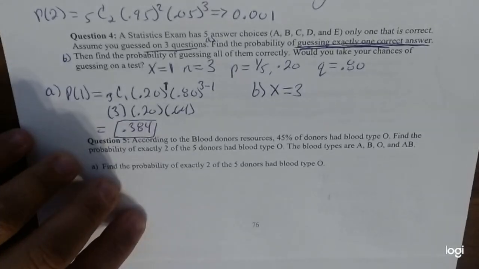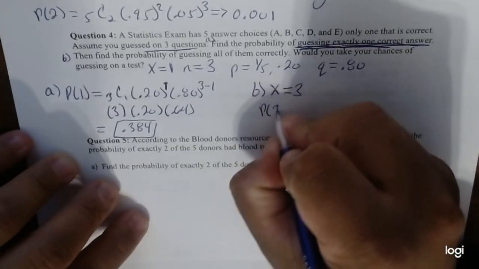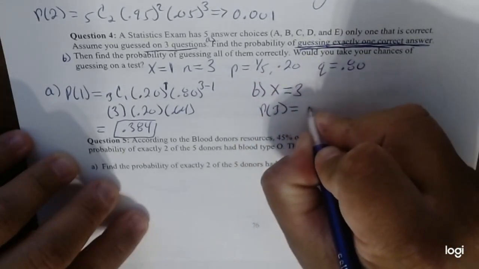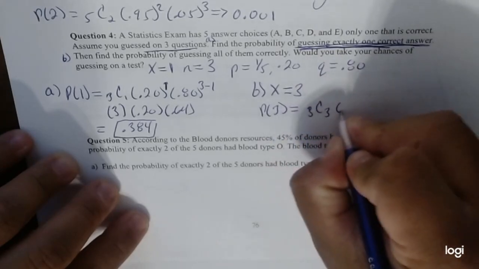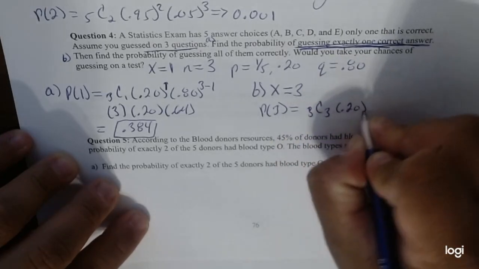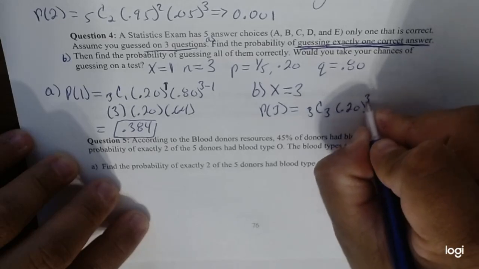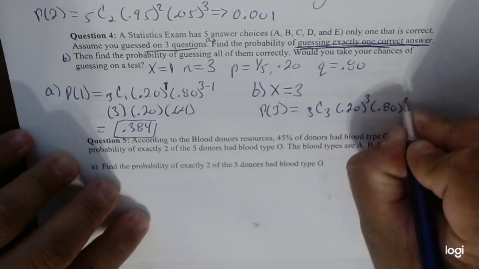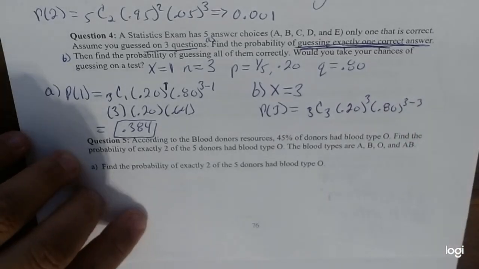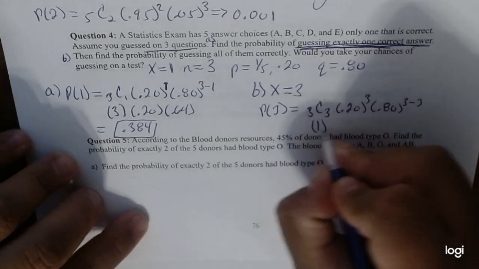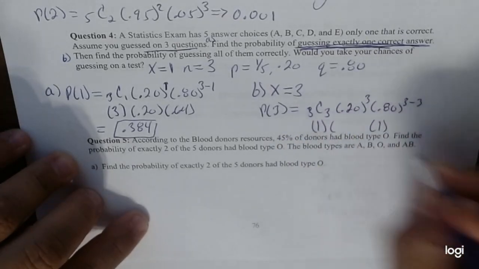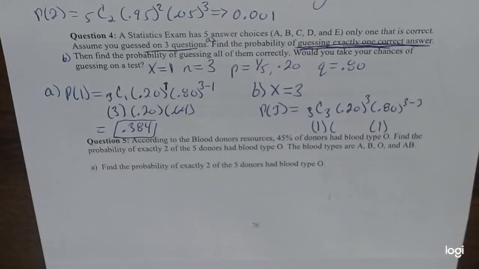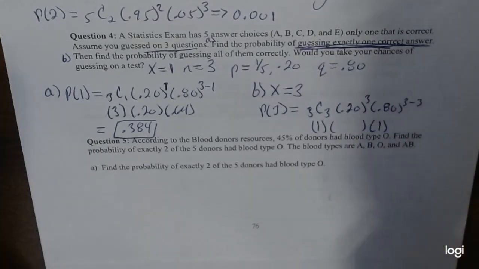Okay. So this is going to be P of 3. This is 3 choose 3, 0.2 to the third power, 0.80 to the 3 minus 3 power. So this is going to be 1. This is also going to be 1 because 0.8 to the 0 power is 1. So essentially, it just cares about what the middle part is.